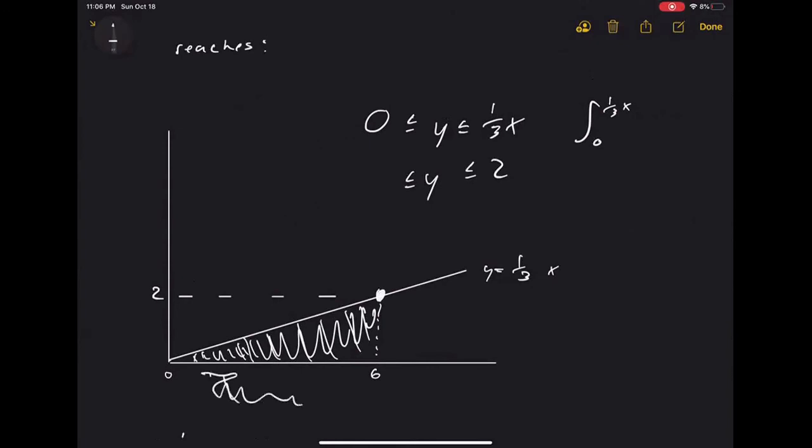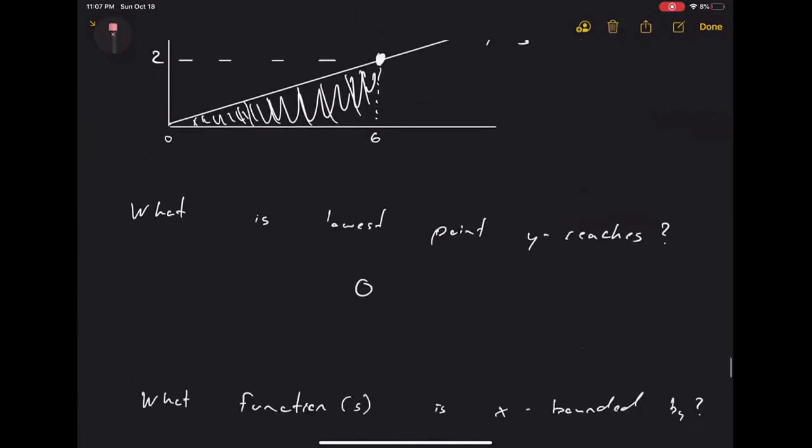So y is greater than or equal to 0. Which means I could write my y bounds like this. Since these are all constants and not functions, I know this is going to be my outer integral. So I'm going to have 0 to 2 dy on the outside. Now I need to figure out my bounds on the inside. What are my x bounds?